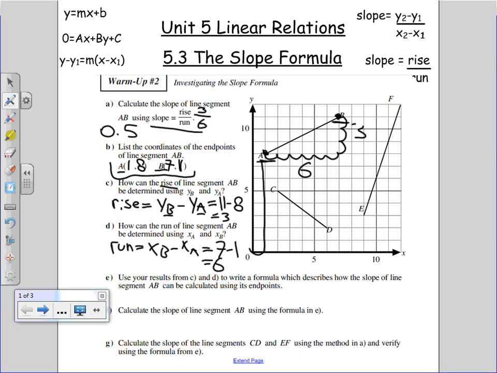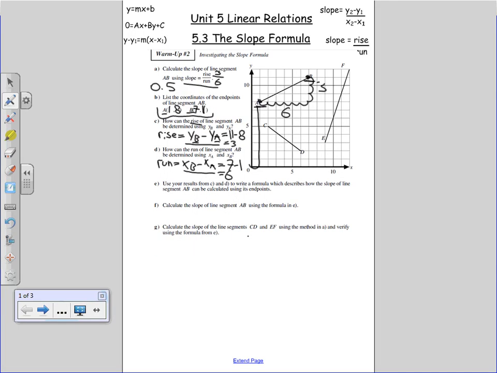So using our answers from CD, where this represents your rise and this represents your run, we can create a new formula. What would slope now be equal to?